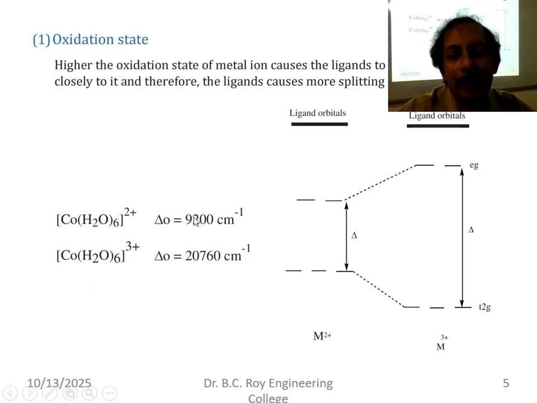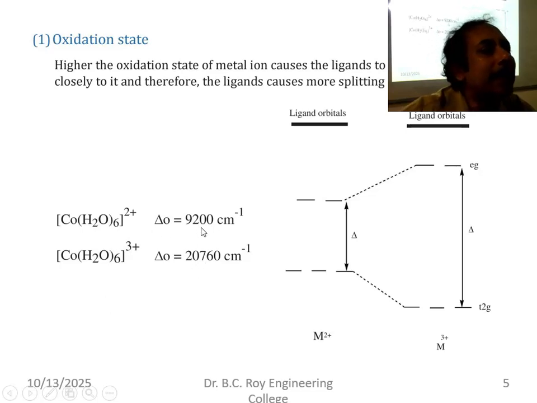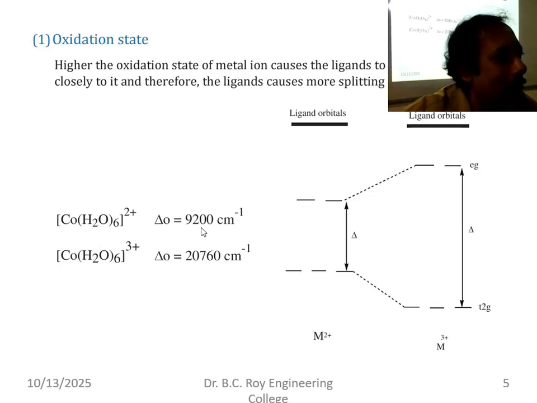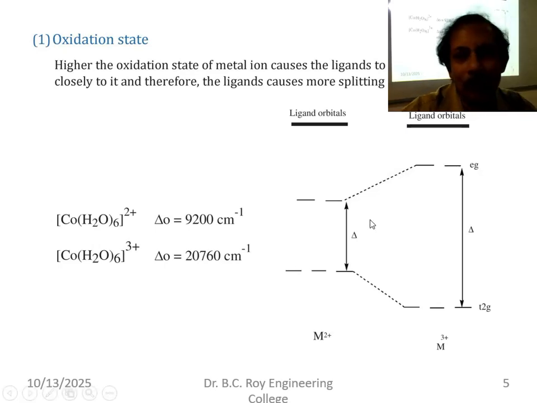Cobaltous and cobaltic: see the Δ_O values, 9200 cm⁻¹, and this cm⁻¹ is actually wave number, and wave number is directly proportional to energy. E equals hν equals hc by λ, and 1 by λ is ν̄. So E is directly proportional to ν̄. So higher ν̄ means higher energy.